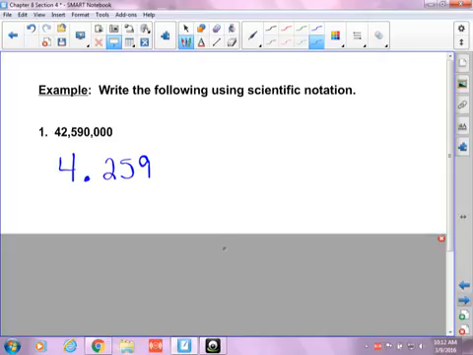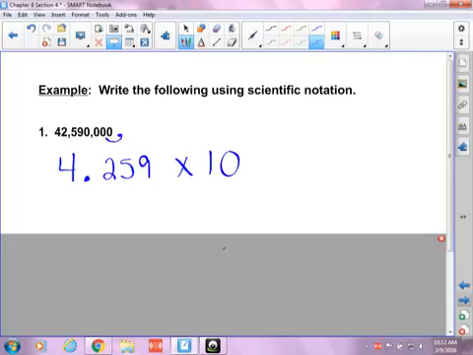Okay. And then I'm going to go times 10, and it's always times 10. And you always use an x. There's not going to be a variable there. Okay? And now the number that goes above the 10 is how many places you move that decimal. Okay? So right now the decimal is behind this 0 right here.